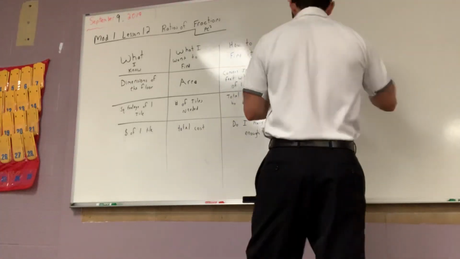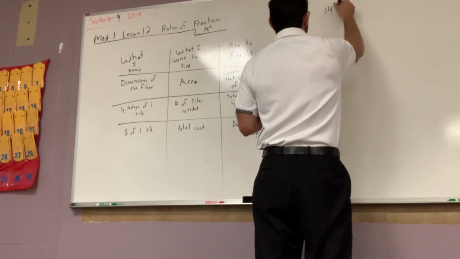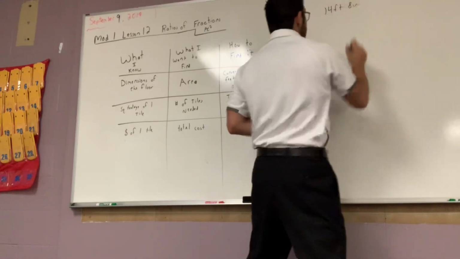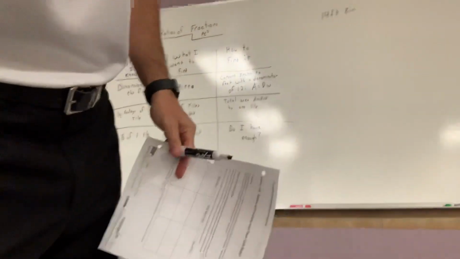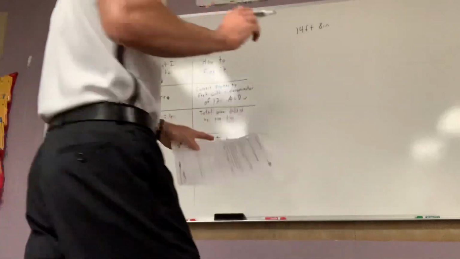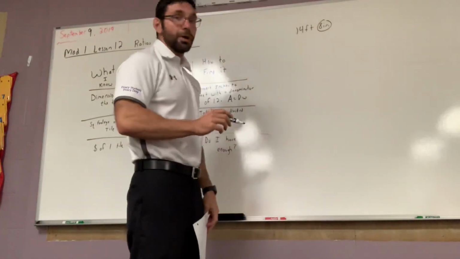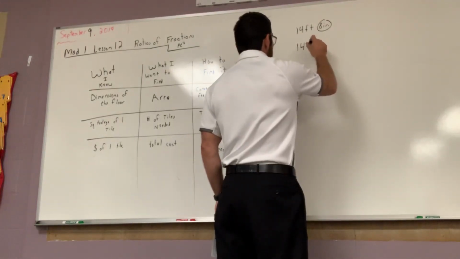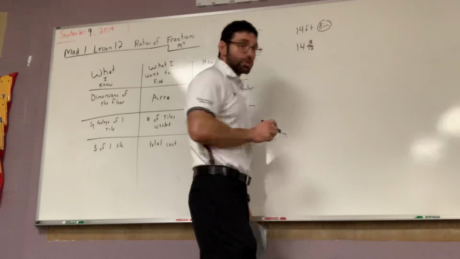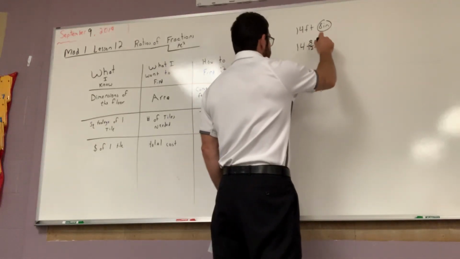So we've got 14 feet, 8 inches. Well, the first step that we're going to do with this 14 feet, 8 inches, is get the camera on it, is take this 8 inches. That's the part of the whole. The whole is 12. So now I have 14 8/12. So first off, we can simplify that. I would always simplify first.